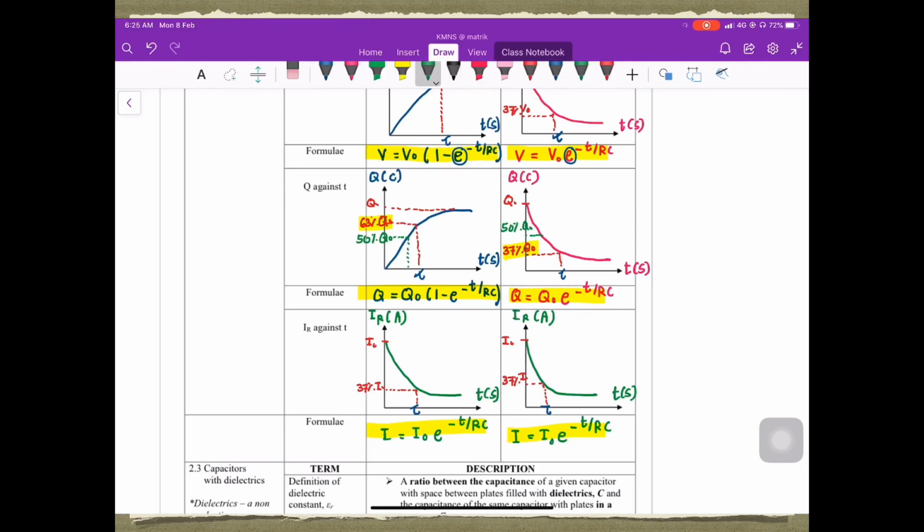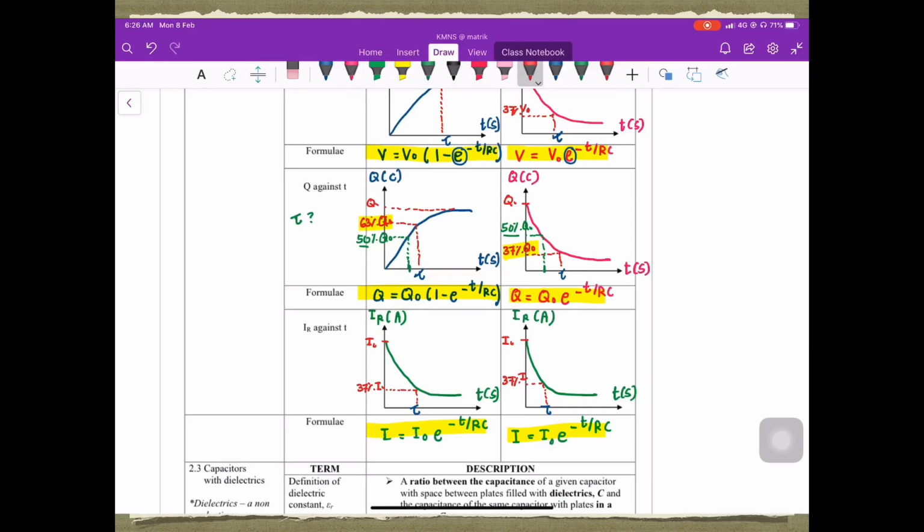When I label here and extrapolate, the question is: for this time measured when the charge increases to 50% or reduces to 50%, can we call it a time constant?